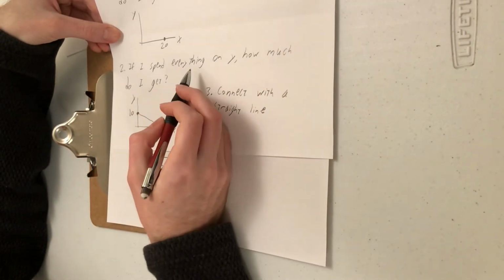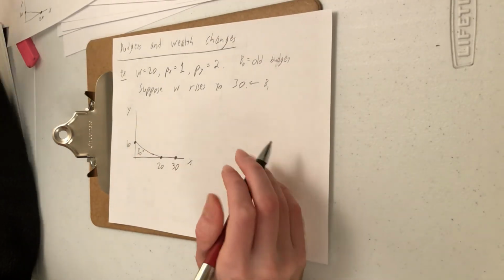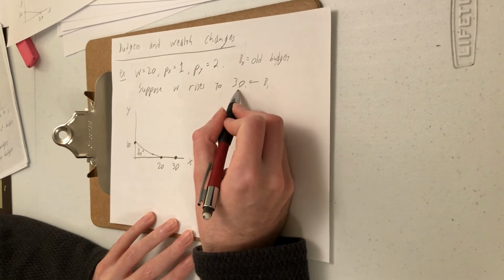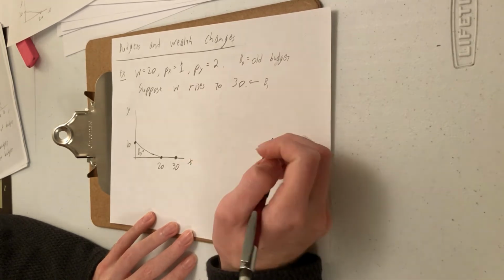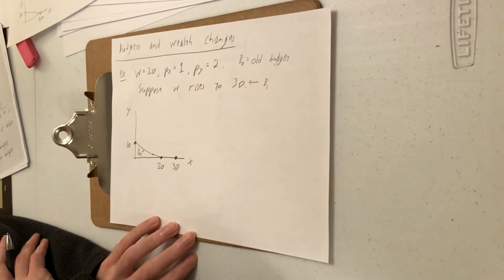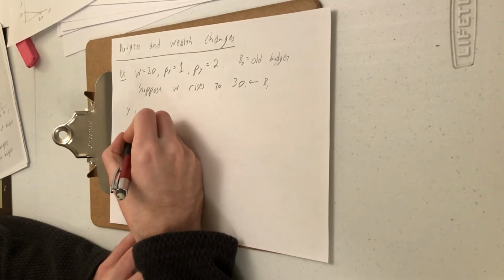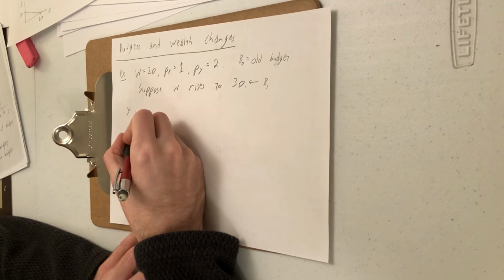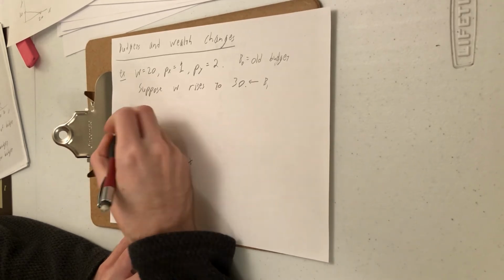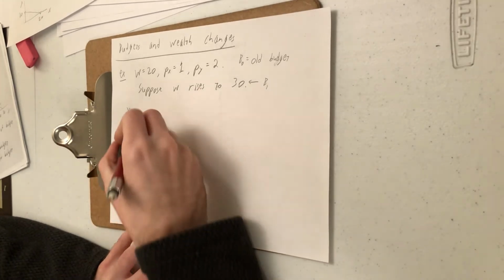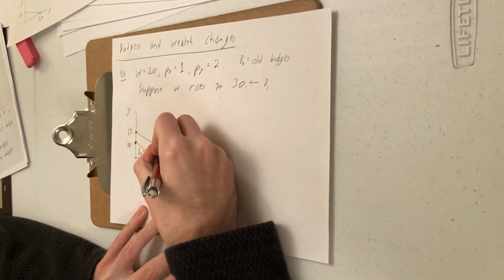Same question, but now let's talk about Y. Price of Y is 2, and now I have $30. That means if I spend everything I have on Y, I'm going to be able to buy 15. So that'll be around here. And just connect them with a straight line.